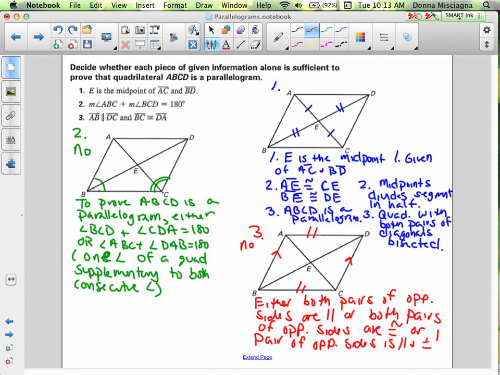This is the markings of an isosceles trapezoid again. All right, so any one of those things would work. All right, so for the first reason, we would need AD parallel to CB.